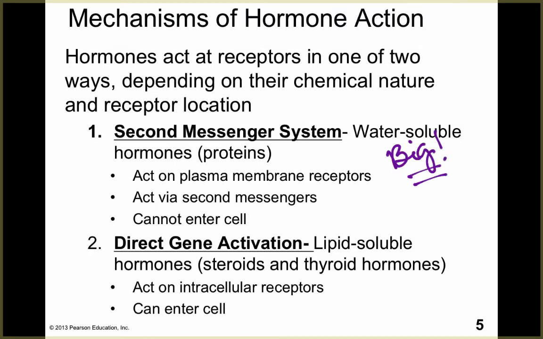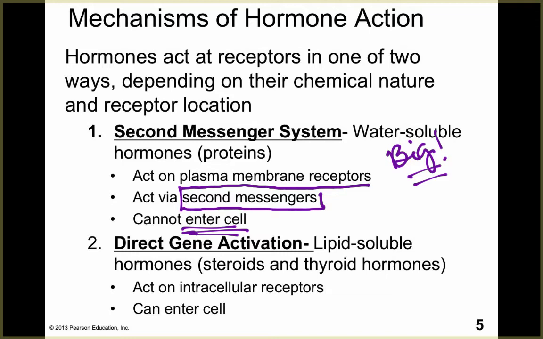So they're going to act on receptors in the plasma membrane. They're not going to be able to get through the plasma membrane, right? And essentially, they're going to start acting via a second messenger, which means they're going to activate something on the inside of the cell so that something else can do the job. So a big part of these is the fact that they can't enter the cell.